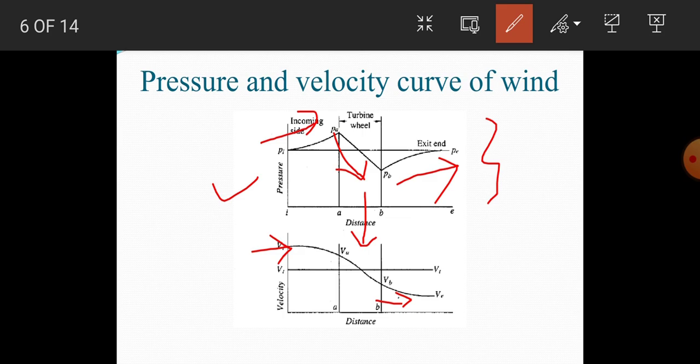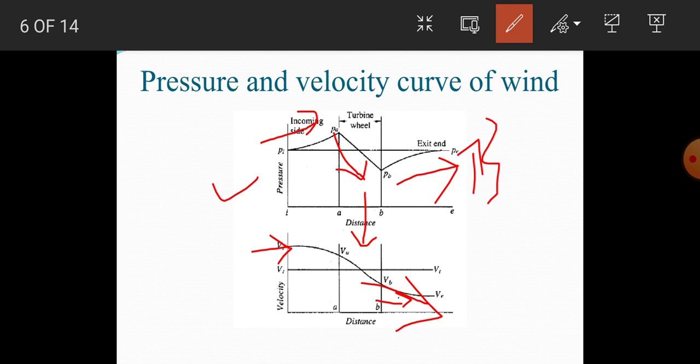The rise in static pressure is at the cost of kinetic energy, consequently further decreasing the wind speed. So here the pressure is increased, but the speed of the wind decreases further.